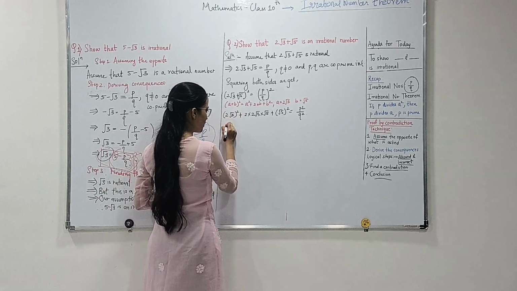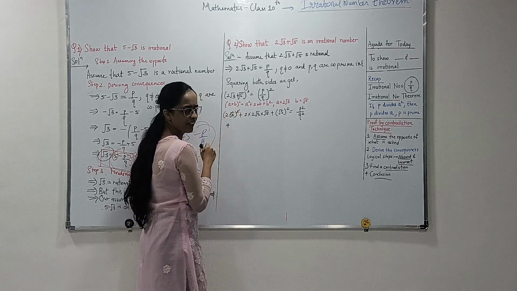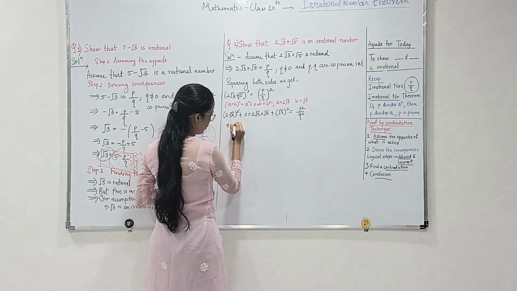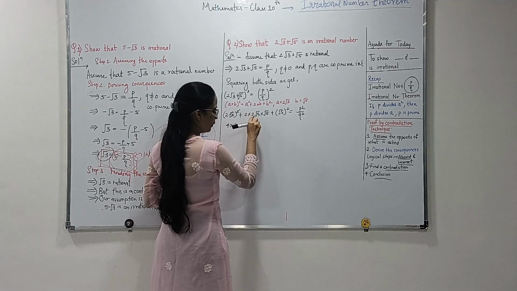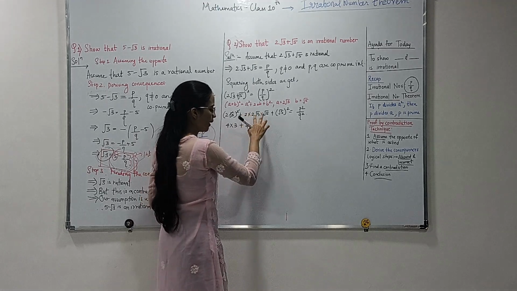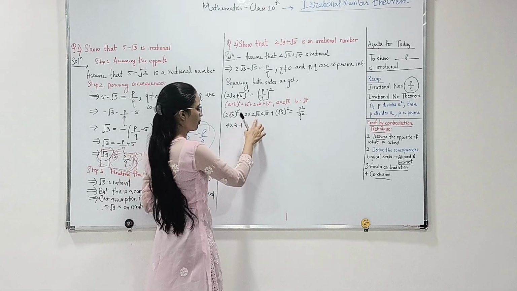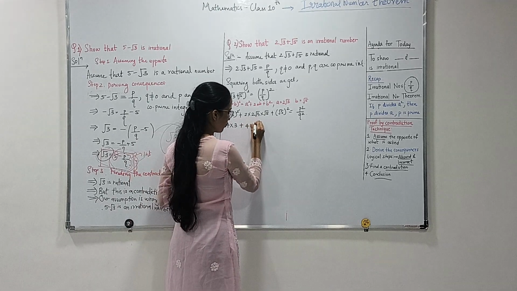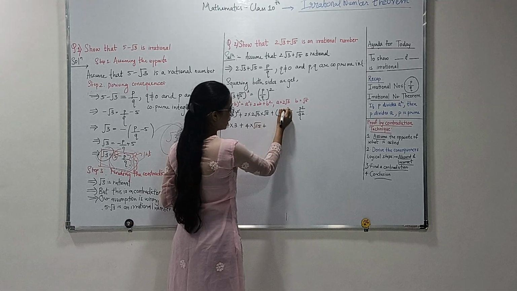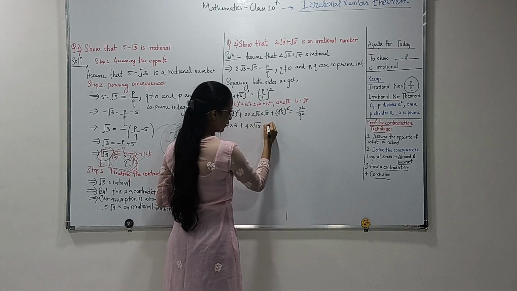So 2 square is 4 and square root gets cancelled. So 4 into 3 plus. Now 2 into 2 is 4. We are going to multiply the two irrational numbers with each other. So root 3 into root 5 is root 15. Plus again square and square root gets cancelled. So we get 5.